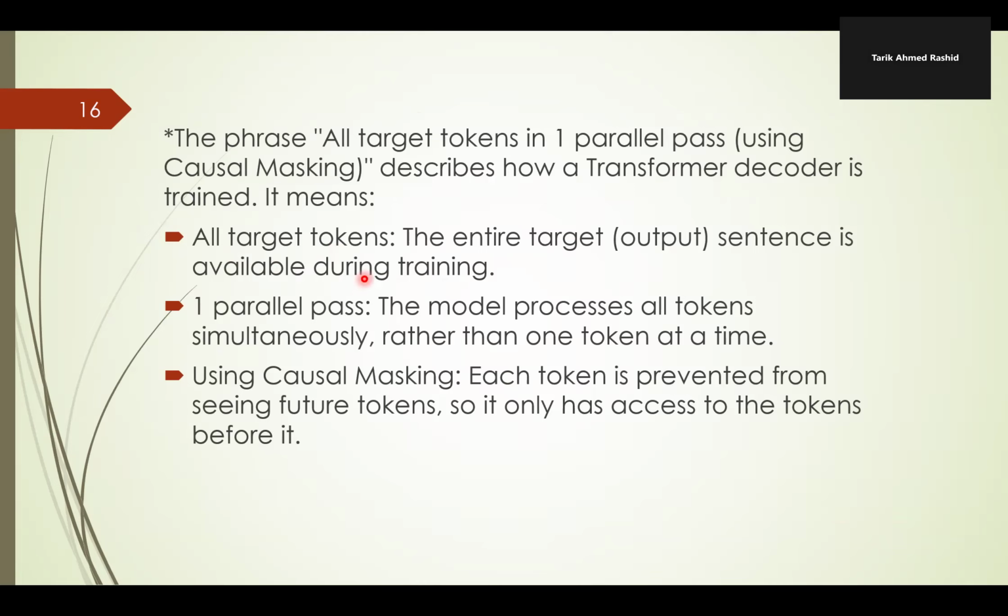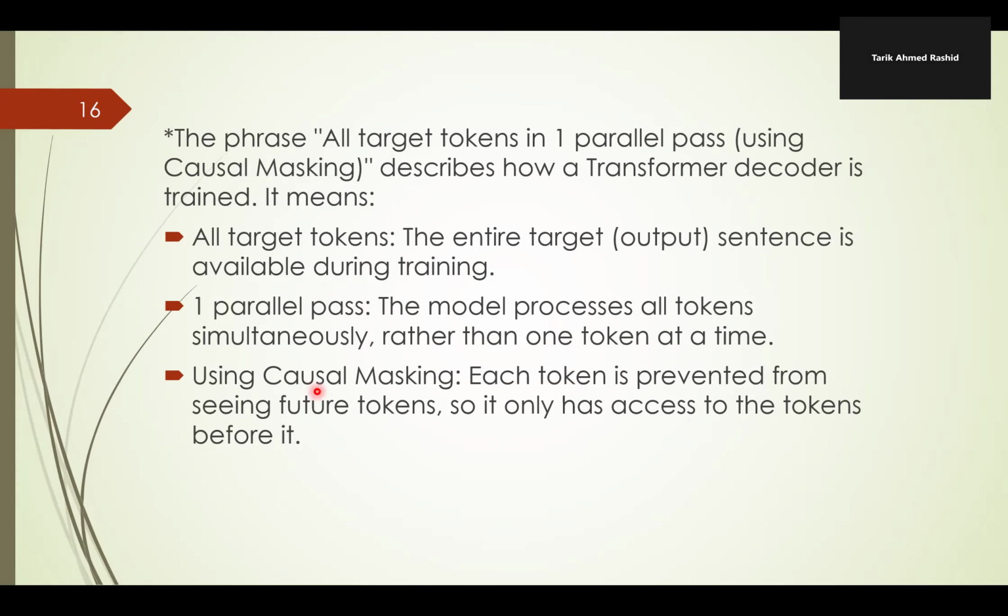So the whole target is available in training. In one parallel pass, the model processes all tokens simultaneously, at one time. In one pass, we will feed in the start token, أنا أحب, all in one pass, one sentence, rather than one token at a time. So we do it in one pass simultaneously.